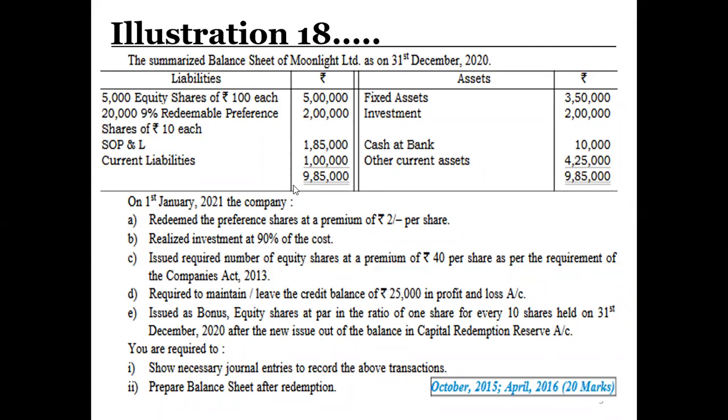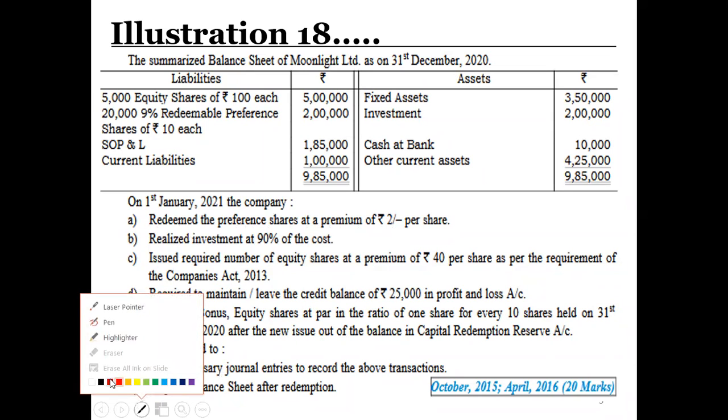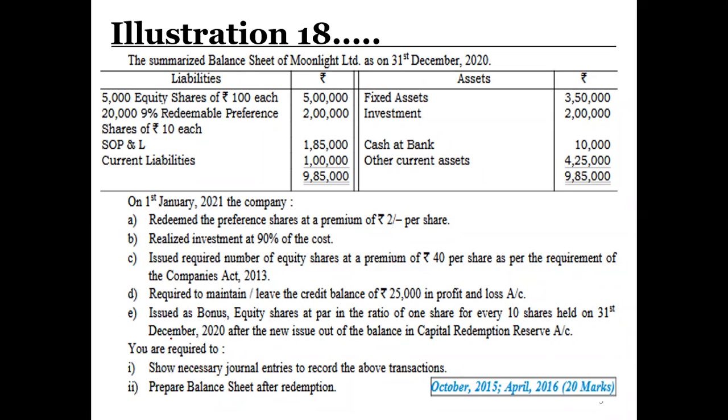On 1st Jan 2021, the company decided to redeem preference shares at a premium of 2 rupees per share. When I say 2 rupees per share, I mean 20%, because 2 rupees is 20% of 10 rupees.